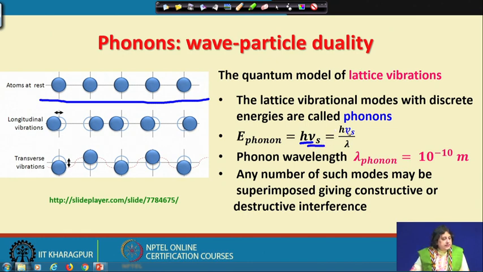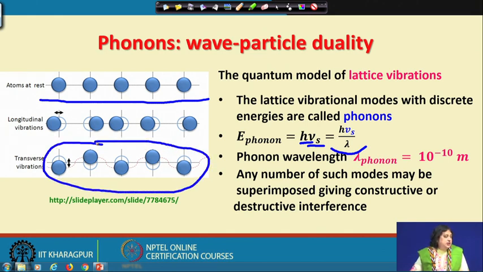Okay? And in this case, you can relate it to the wavelength of the phonon, because these vibrational motions, as has been shown here, generate a wave-like nature of the vibration that propagates through the medium, and therefore, here you can talk about the wavelength of vibration as well as the velocity of the phonon that determines what the energy of the phonon is.